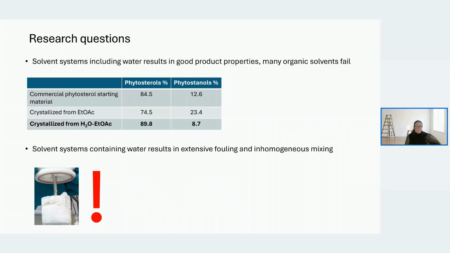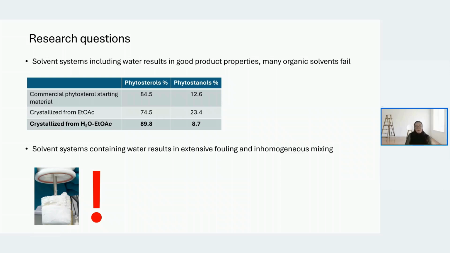We used commercial phytosterol as a starting material, and you can see in the table the shares of phytosterols and phytostanols. When we did the crystallization with pure organic solvents, for instance, ethyl acetate, acetone, or methyl ethyl ketone, we always ended up having a product high in stanols.